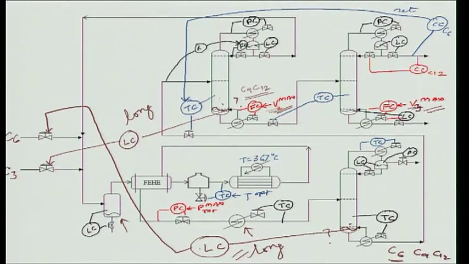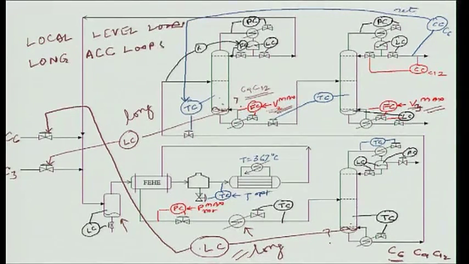So the trade off is basically this: you could have local level loops and long active constraint control loops. This is the conventional approach.